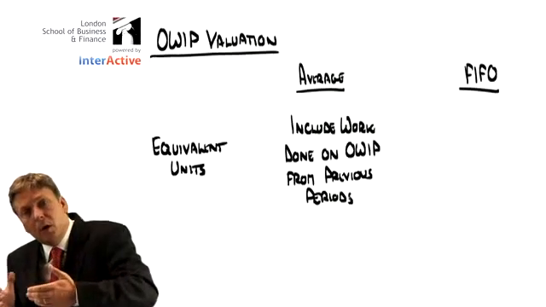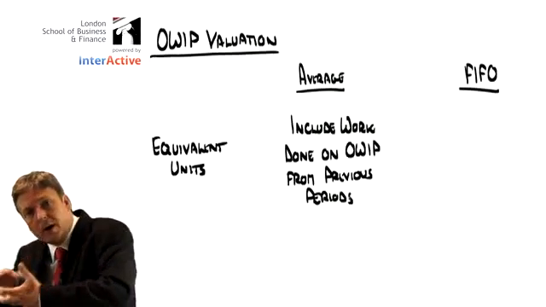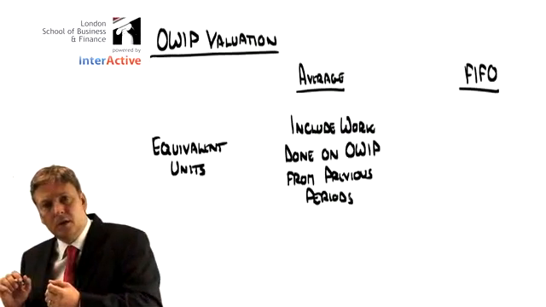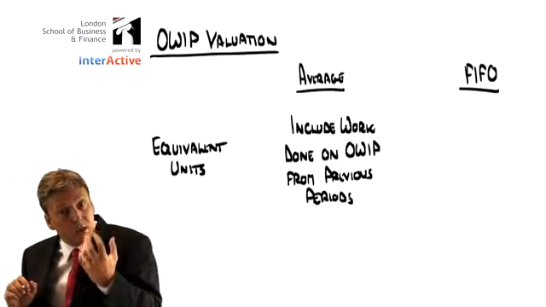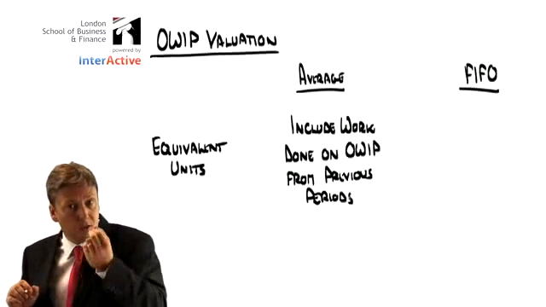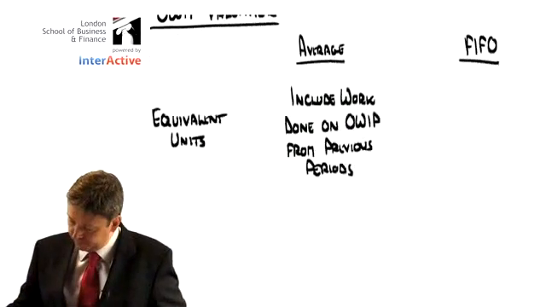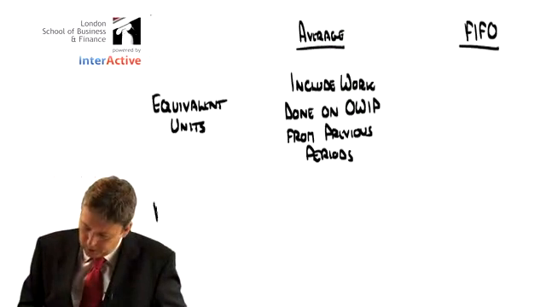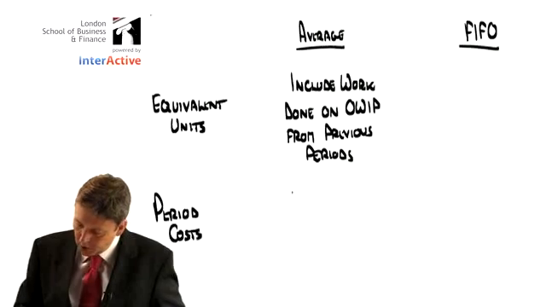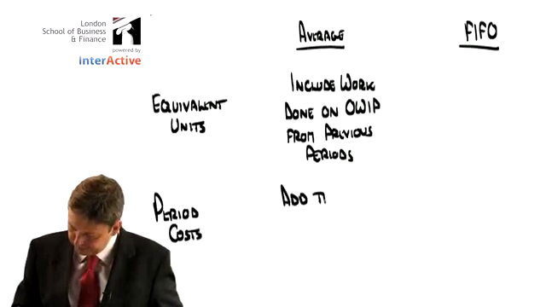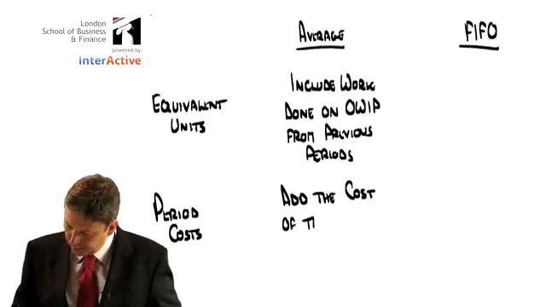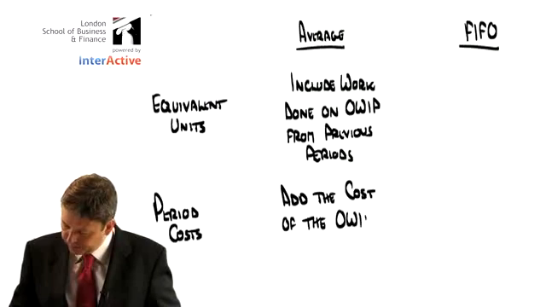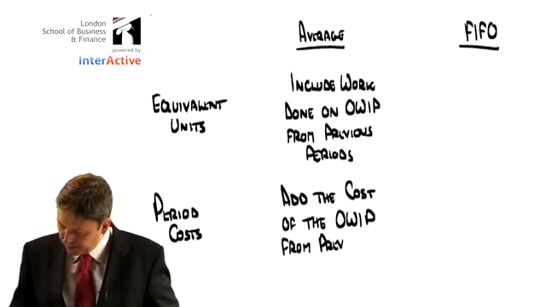If we've included the work done on the opening work in progress from previous periods, it would make sense to also include the cost of that work done. So when we look at our period costs, we must add the cost of the OWIP from the previous period.